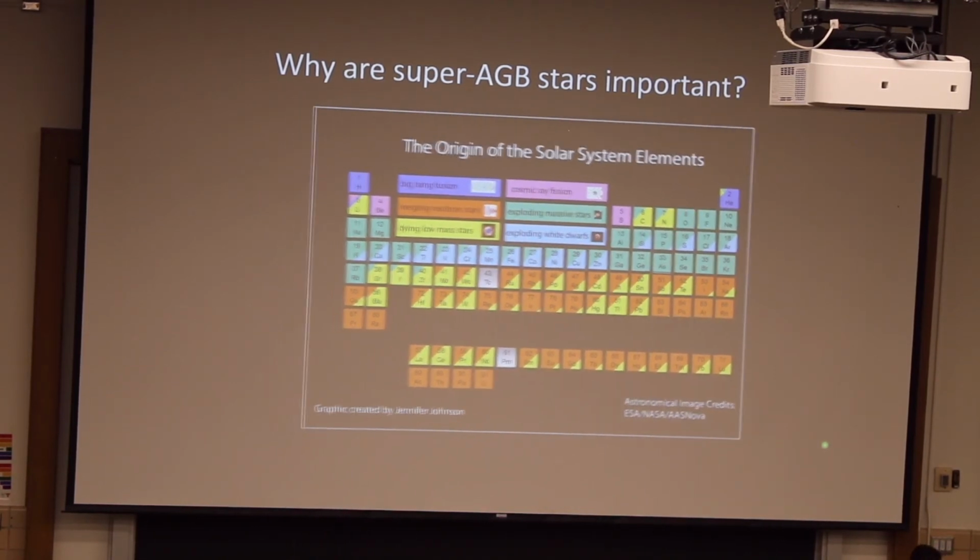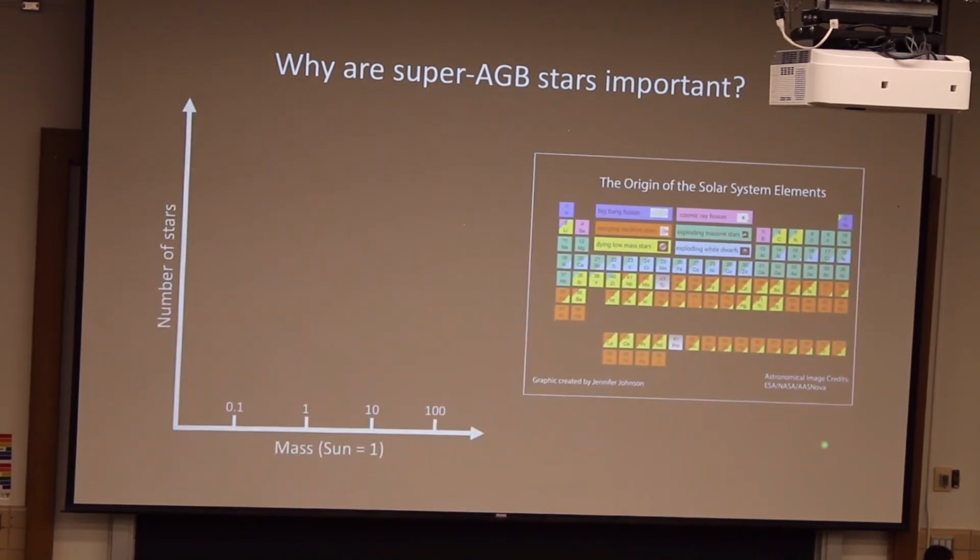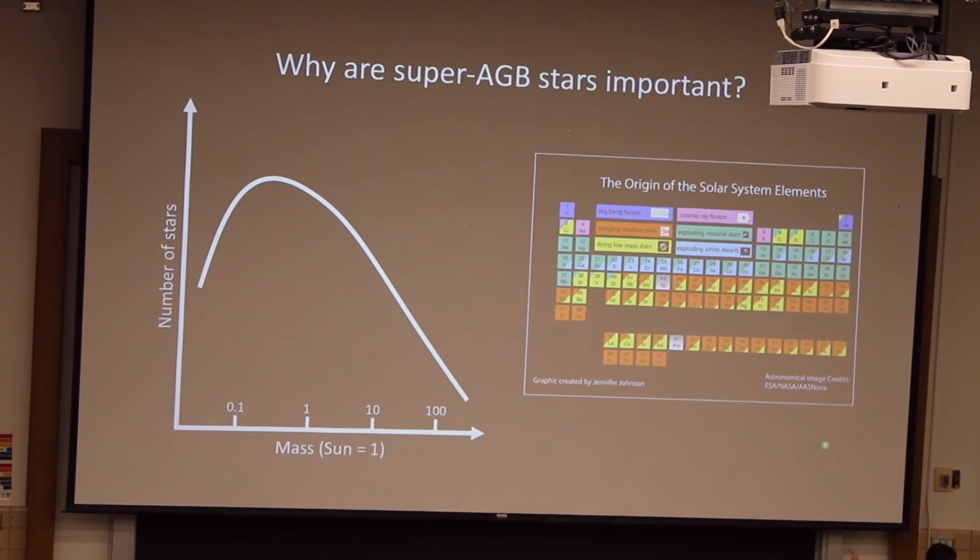And as I previously mentioned, there are more low mass stars than high mass stars generally. So if you think about the mass of stars, you can see 10% the mass of our sun, 10 times, 100 times the mass of our sun. And if we look at all the stars in our galaxy, how many are there? This is the shape of the curve that we'll see. So there's way fewer 100 solar mass stars than there is 1 solar mass star.